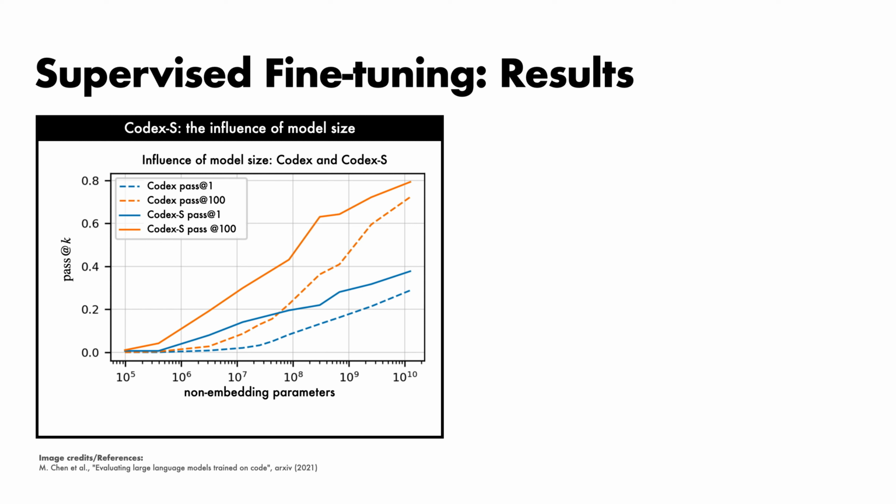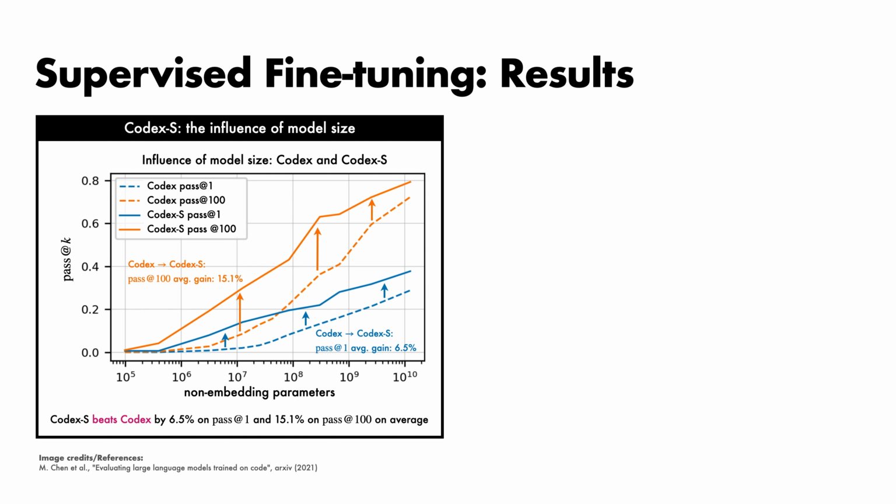We observe that Codex-S beats Codex performance by a solid margin, by 6.5% on average on the pass@1 metric, and by 15.1% on average on the pass@100 metric.